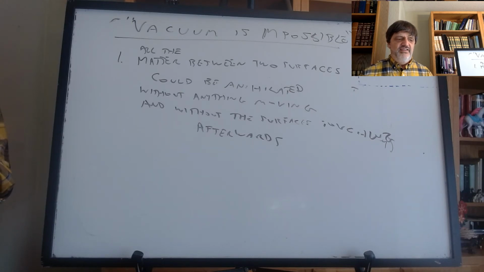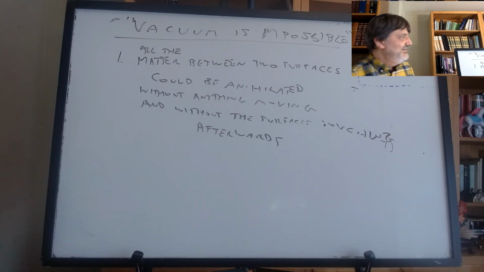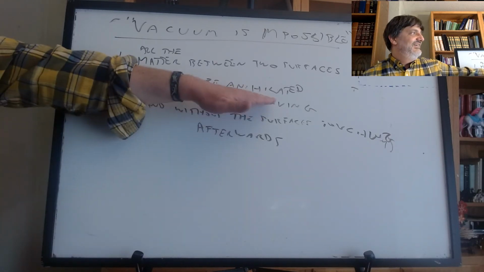Spinoza would say, everything that exists follows necessarily from the nature of God. The air between these surfaces is a mode of the divine attribute of extension. God can't annihilate it. That doesn't make sense, right? So he would deny this part.